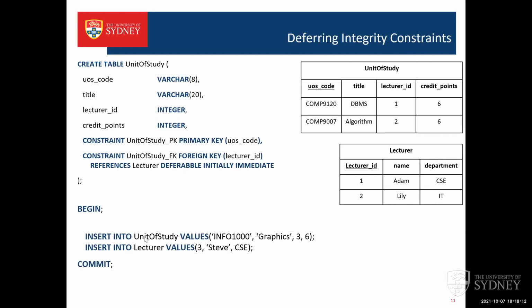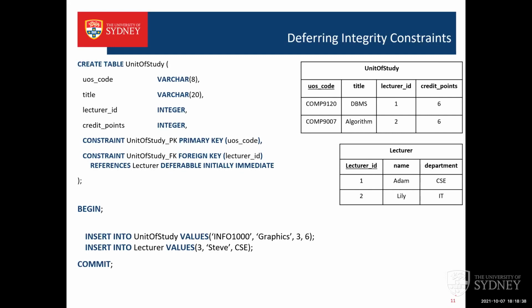Now think about this is the transaction that I have. What do you think will happen? Will it be okay? Remember initially immediate from week 6. Insert some data into the unit of study table, insert into the lecturer table. Will this be okay or will this return an error?